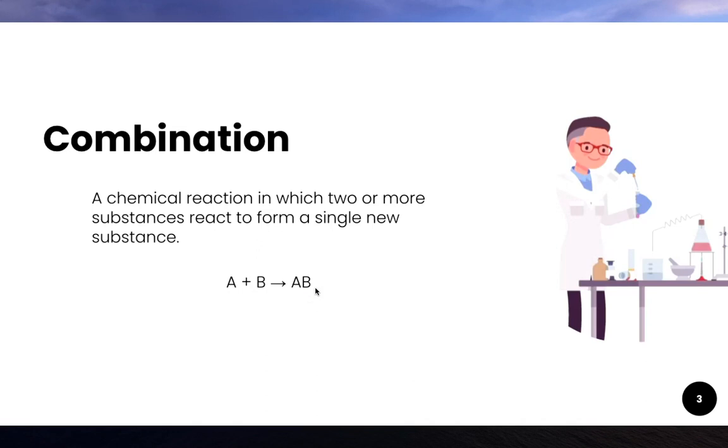Okay, so the first type of reaction is called a combination reaction. This happens when 2 or more substances react to form a single new substance. So our reactants form this product, and you'll be able to recognize this when you see it because there is a cation reacting with an anion to form one molecule.